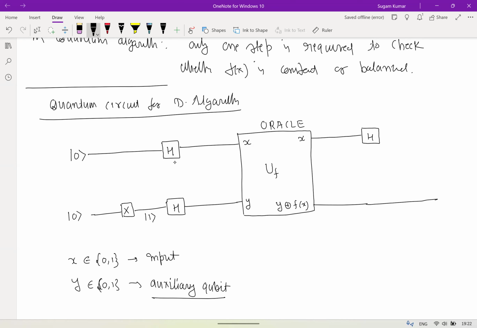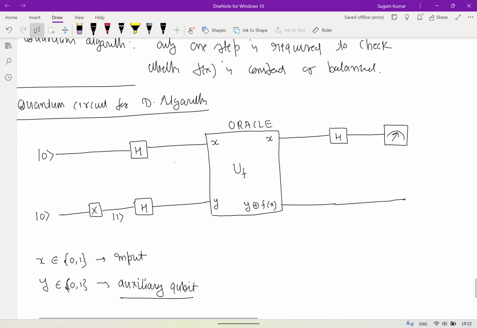After the oracle, there is no use of the second qubit. And after that you do the measurement, but you do the measurement on the first qubit only.